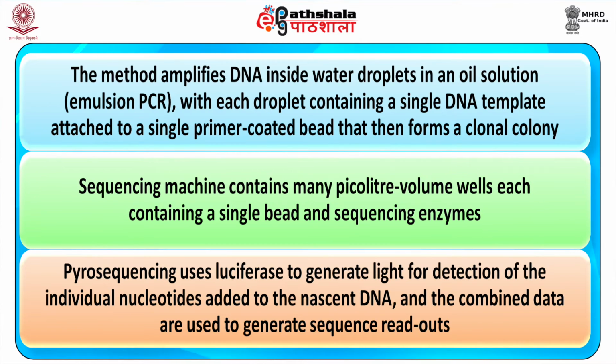The sequencing machine contains many picoliter volume wells, each containing a single bead and sequencing enzyme. Pyrosequencing uses luciferase to generate light for detection of each individual nucleotide added to the nascent DNA, and the combined data are used to generate sequence readouts.